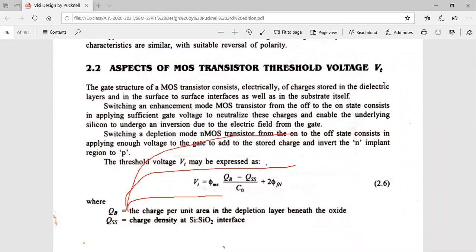We have many charges between the source and the drain, under the gate material and the silicon dioxide material, before the formation of the channel. These are electrical charges, and to overcome them we need to know them, right? So the enhancement mode transistor requires this neutralization.